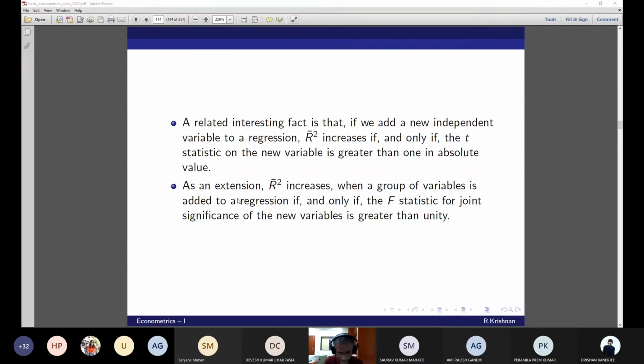There's only one variable, so there's no question of F stat there. When you're adding a variable to the regression model, its coefficient may be insignificant, but the F statistic of that entire regression can be significant.